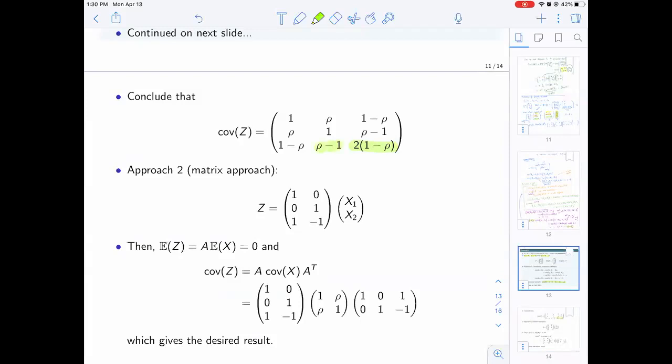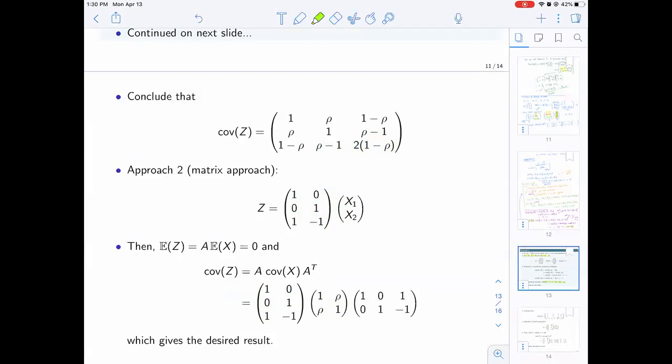These are the covariances and so on. So that's one way of getting this. The other one is the first approach that was mentioned. You write it this way, then you get A covariance of X, A transpose. So they should give you the same answer.